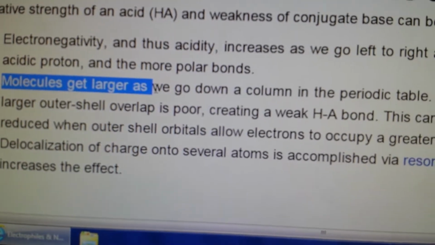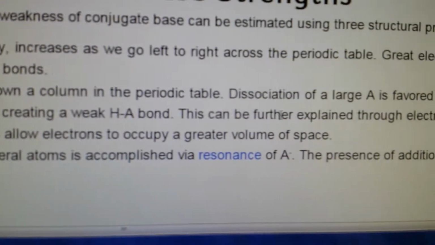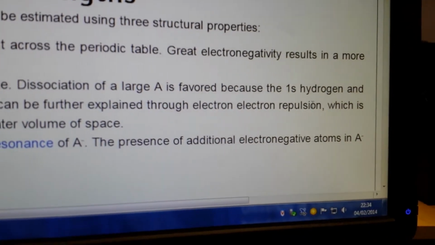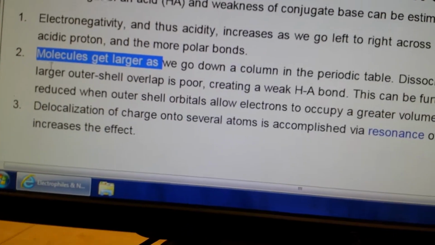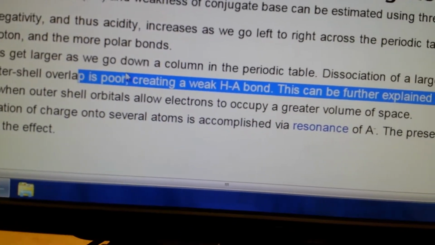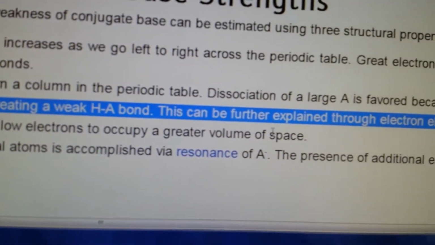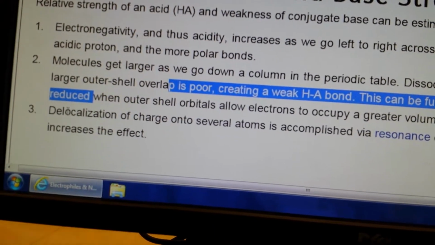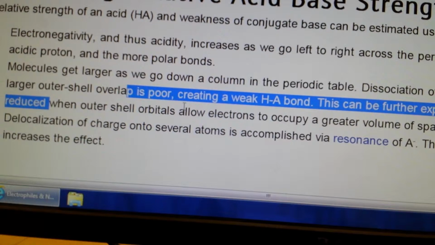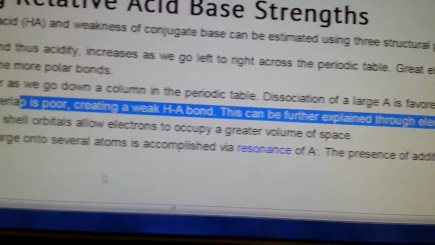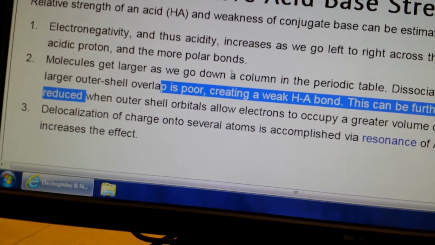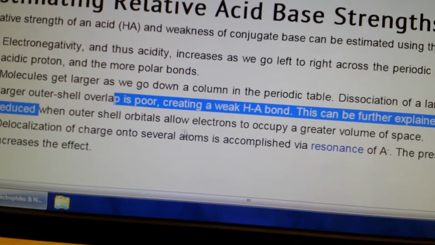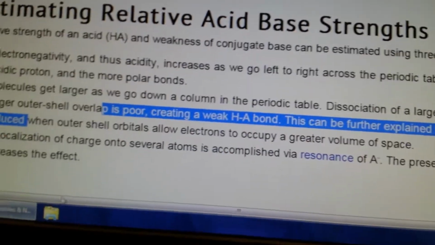Atoms get larger as we go down a column in the periodic table. Dissociation of HA is favored with larger A because the hydrogen and the larger outer shell overlap poorly, creating a weak H-A bond. This can be further explained by electron repulsion, which is reduced when outer shell orbitals allow the electrons to occupy a greater volume of space.